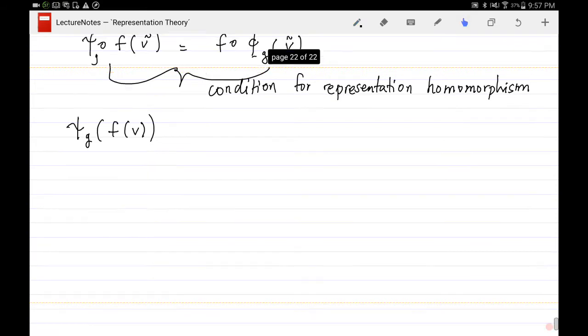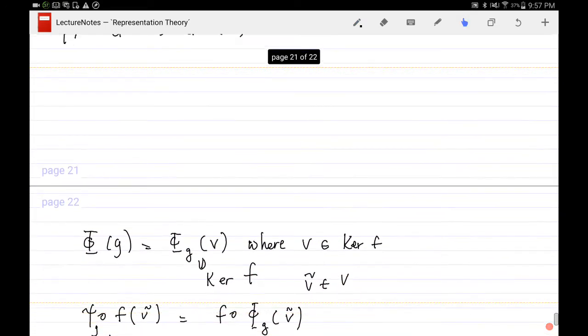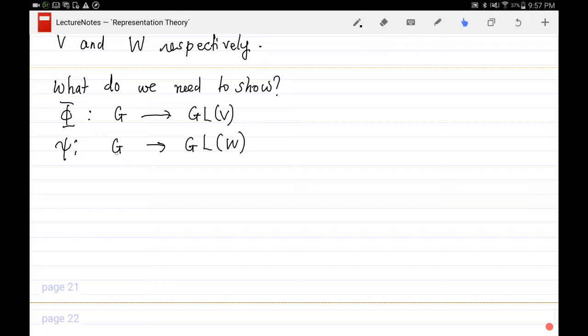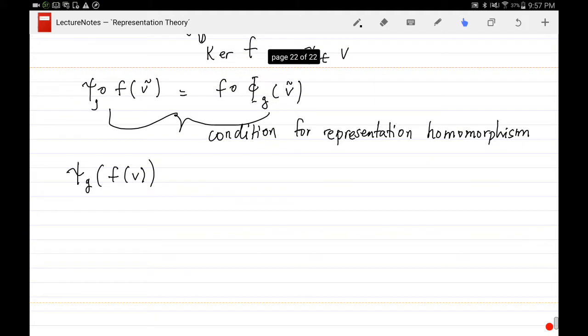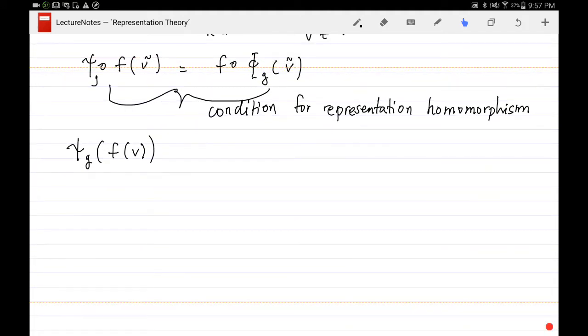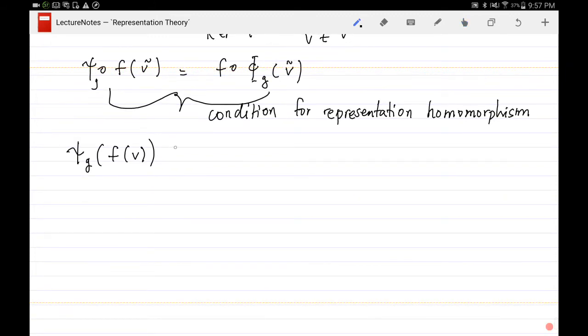Notice that psi was a representation from G to GL of W, and F is a map from V to W, so we need to act on. After we act on by F, we need to act on by psi. Because F is a representation homomorphism, this means that we can do this.